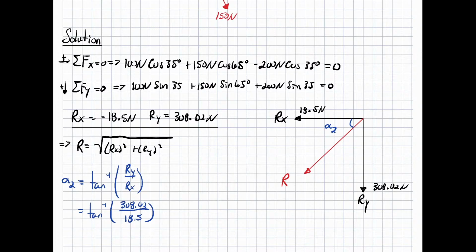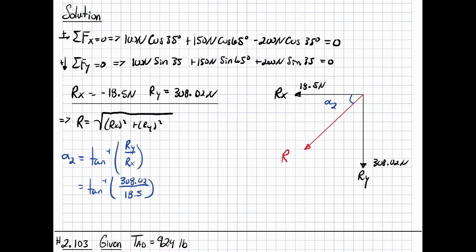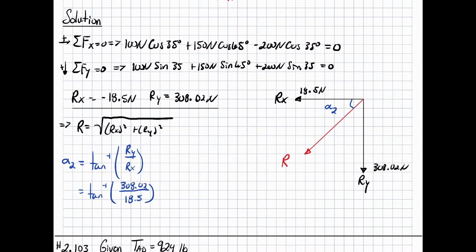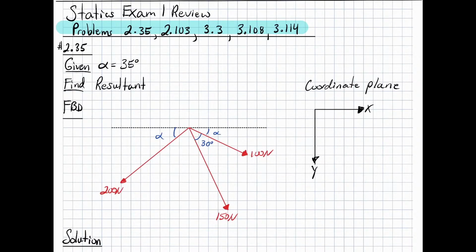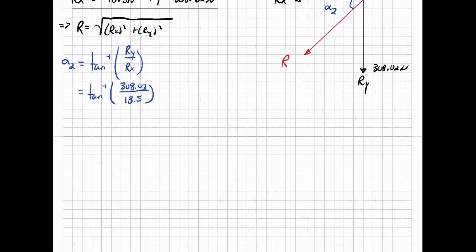I'm leaving them as positive because the number would come out as a negative degree, which just means it's below the horizontal axis, so that already makes sense. Solving that out, alpha 2 is 86.56 degrees. Remember, have your calculator set to degrees, not radians.